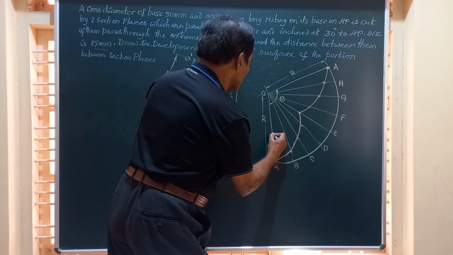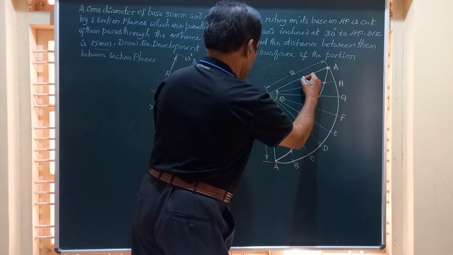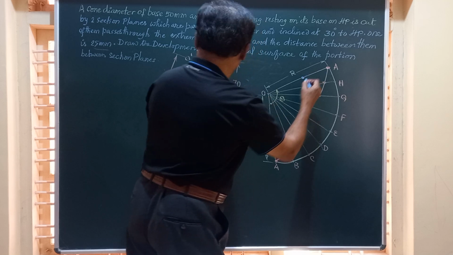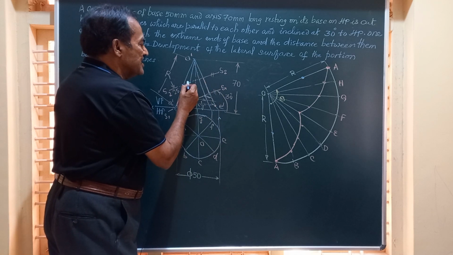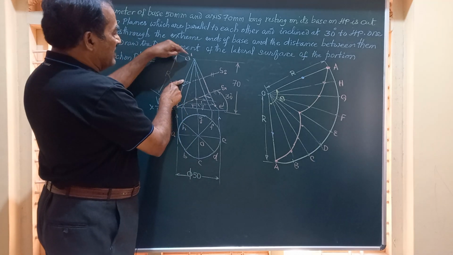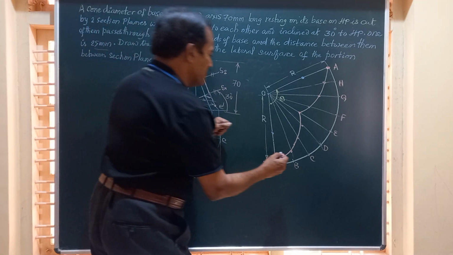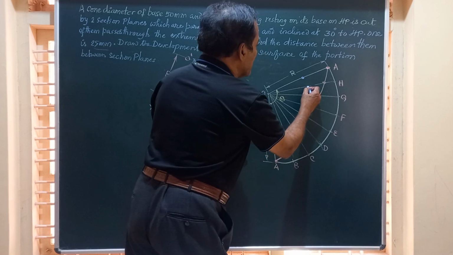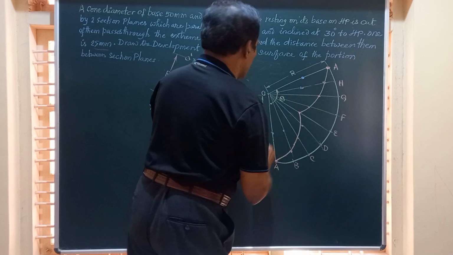Suppose this is point OA and again on point OA here. Then OB and OH are cut here. It is not the true length. You can shift that point to the last generator and mark that distance on OB and OH. So OB and again on OH you have marked.